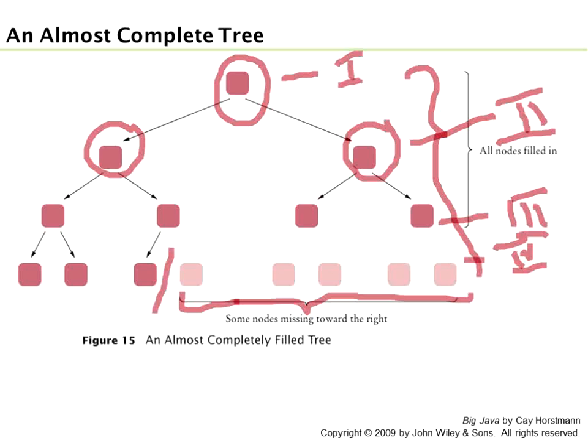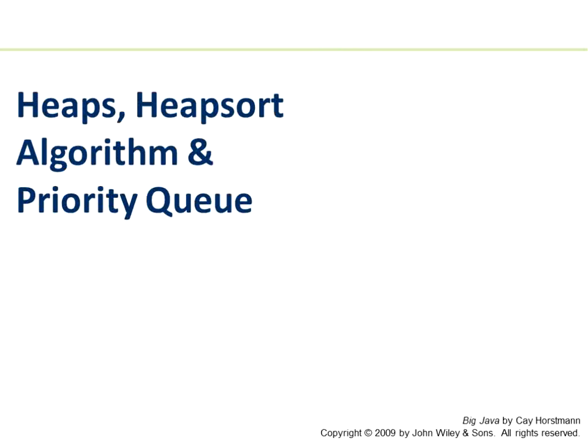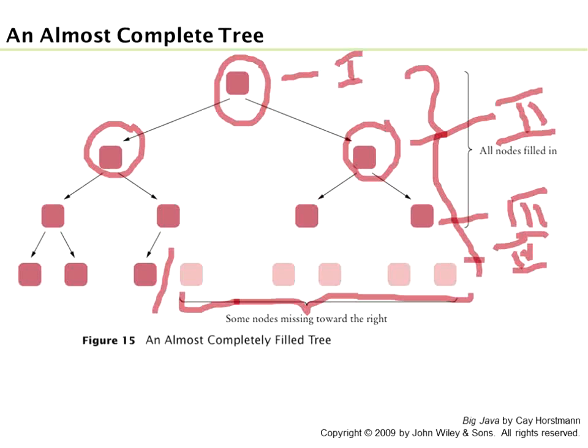Our tree is up to here. These nodes are missing. So that's why all nodes are filled in except the last level may have some nodes missing towards the right. Why towards the right? Because we start from the left.